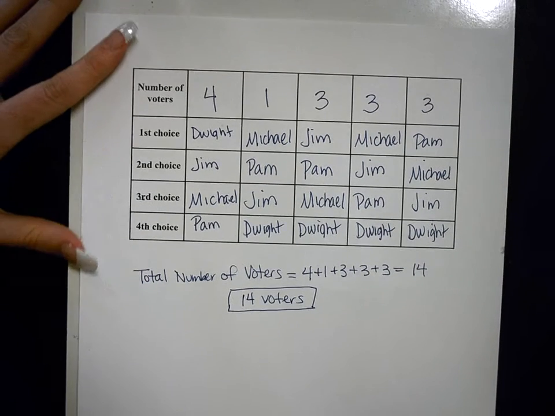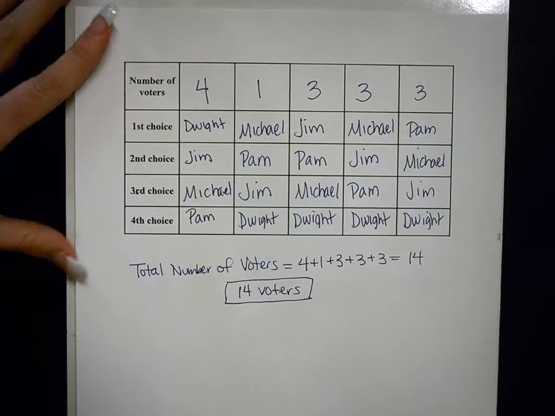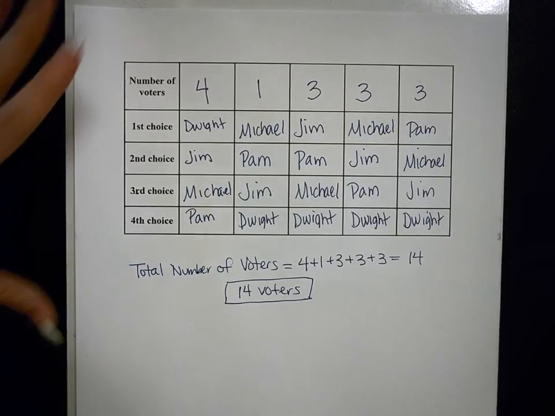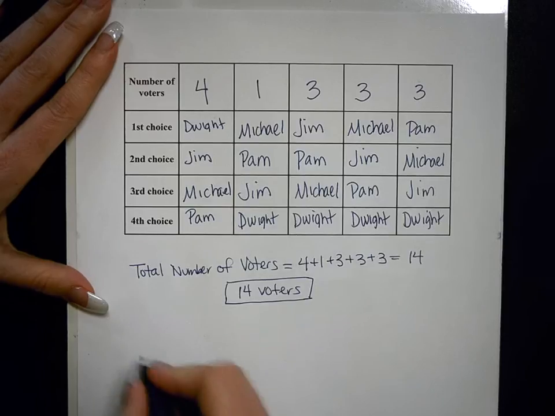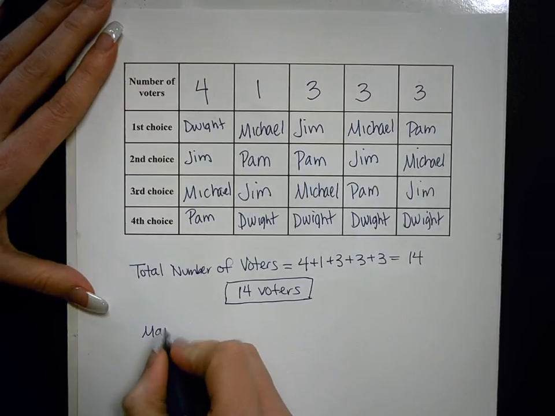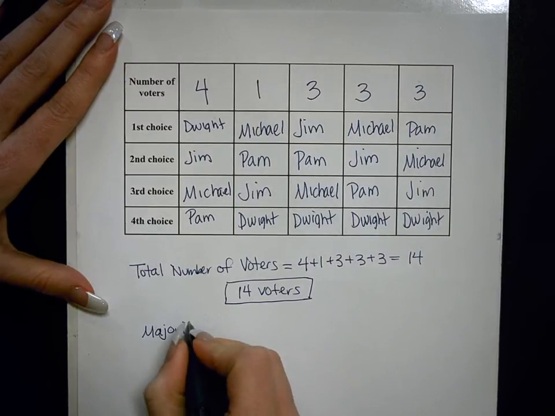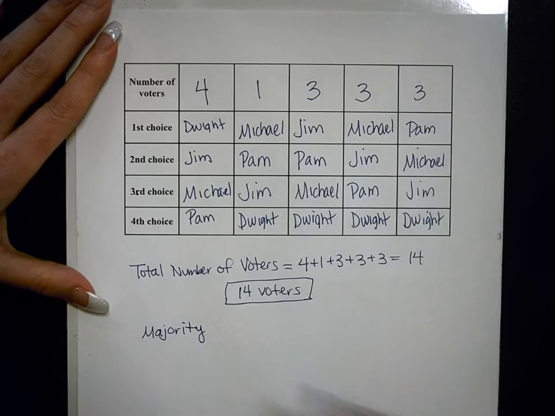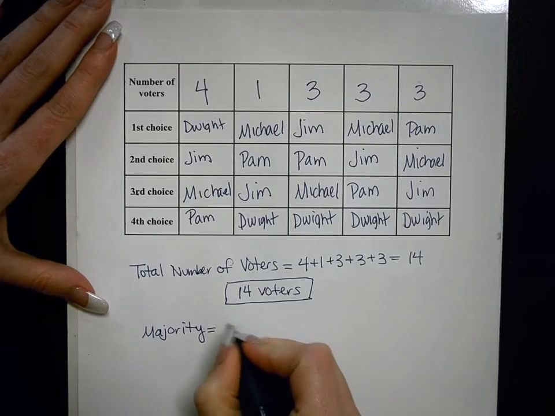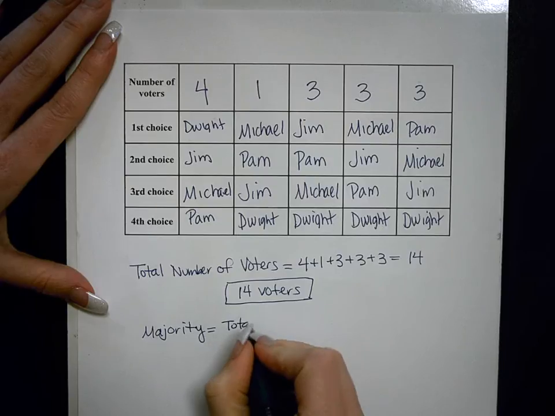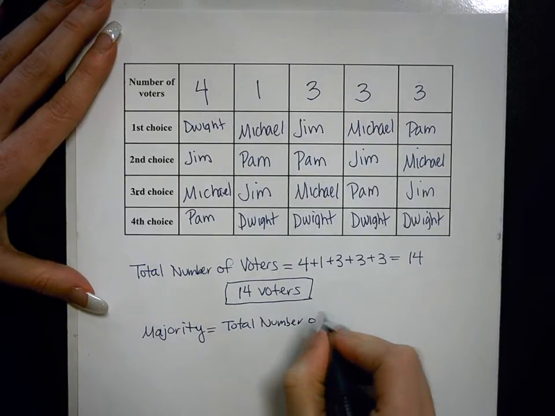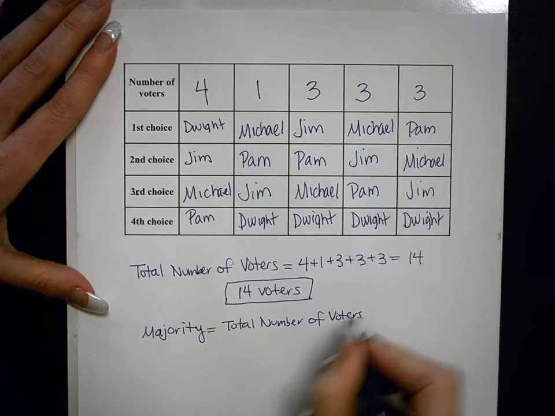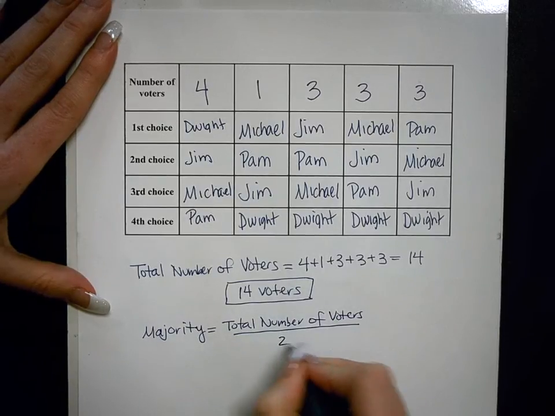The other thing that you're going to have to know how to do in your problem sets is to come up with how many voters are needed for a majority. In order to find how many votes are needed for a majority, you take the total number of voters and divide that by 2.